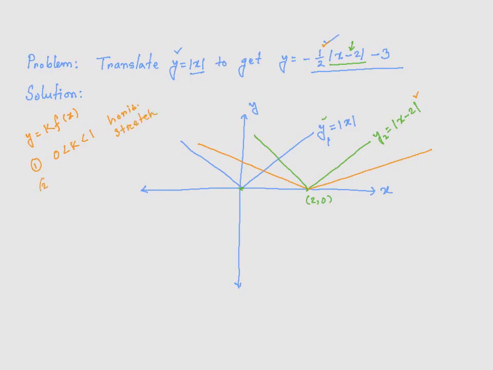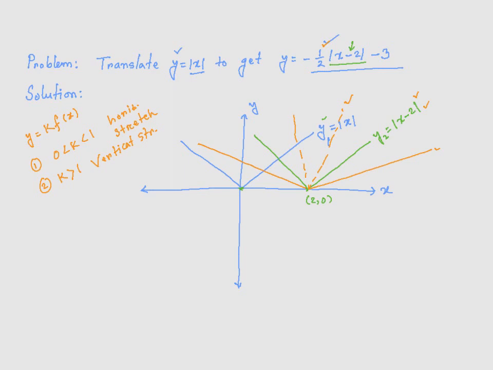On the other hand, if you multiply it by a constant k greater than 1, it's a vertical stretch. So these are the two things. If I were to multiply this x minus 2 by, let's say, 2, instead of being wider, it's going to be narrower, something like this. Let me just draw a sketch to show you. This dotted one is not part of the graph. So let me continue.